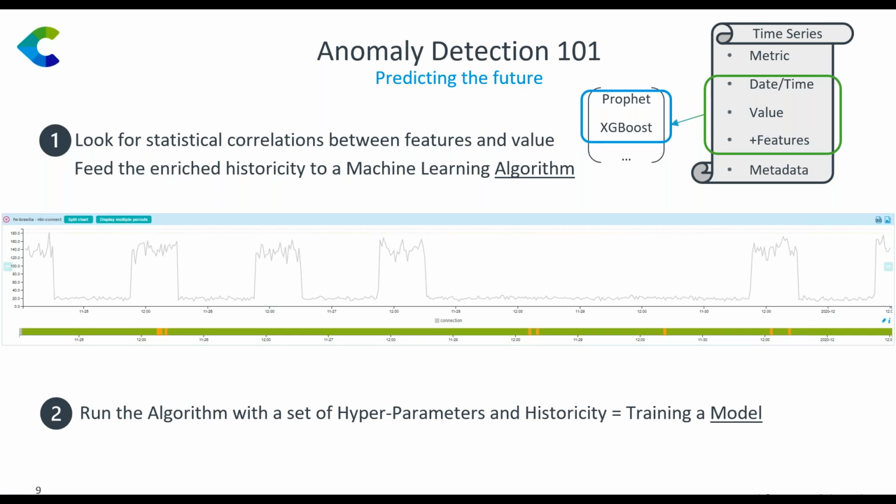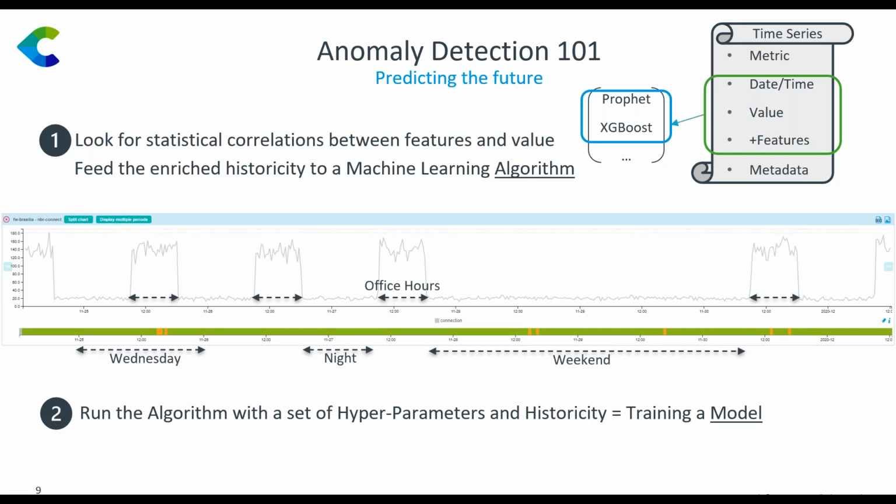The way the model goes about its inner workings is, well, it takes into account the various features, and that's why earlier I was saying you need to choose the pertinent features. So it looks at the different features, and it tries to weigh the different possibilities and say, okay, for instance, is the value of my metric more impacted by the fact it's a Wednesday, or is it more impacted by the fact it's office hours, or is it a combination of the two?